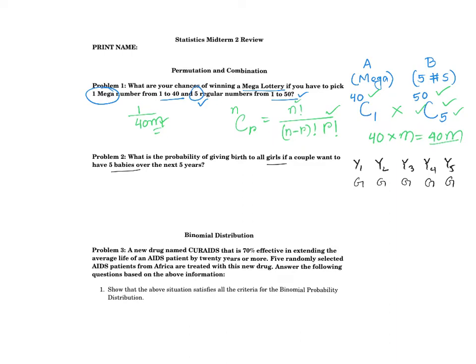Remember, there are 2 outcomes, extending over 5 years. So the total number of possibilities is going to be 2 to the power 5, which is 32. Only one of those would be all girls. So your chances of getting all girls would be 1 out of 32.